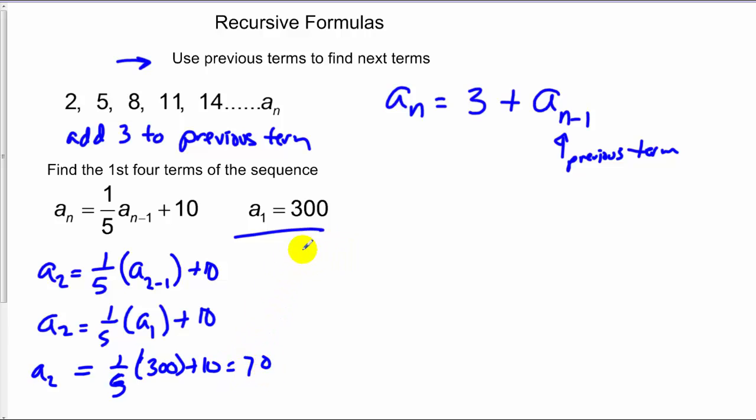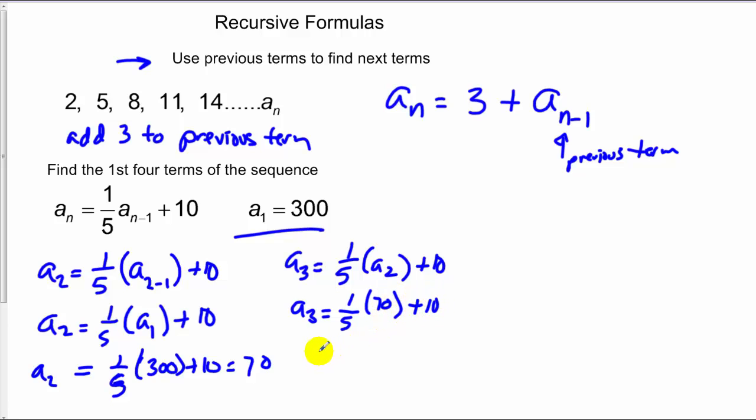Now I'll expedite this a little bit. So this time, to get my third term, I'll make this a little bit quicker and say I've got 1/5 times my previous term, which is the second term, plus 10. And I have 1/5 of 70 plus 10, which I believe is 24.